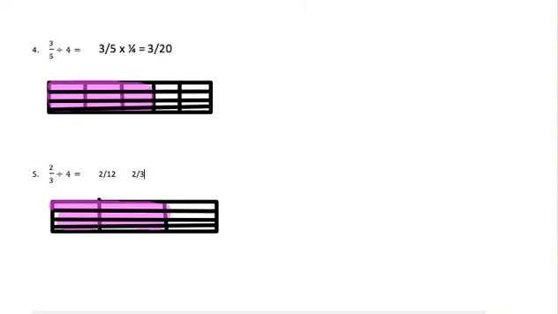If we did 2/3 times 1/4, multiplying the numerators, 2 times 1 equals 2, and denominators 3 times 4 equals 12. So we see mathematically that we're showing the same amount.